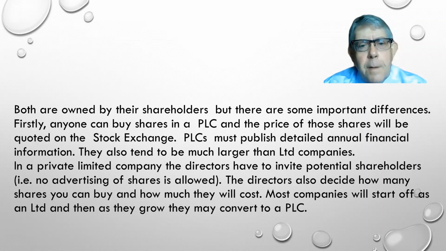In a private limited company, the directors have to invite potential shareholders, i.e. no advertising of shares is allowed. The directors also decide how many shares you can buy and how much they will cost. Most companies will start off as limited companies and then grow as they convert to a PLC.